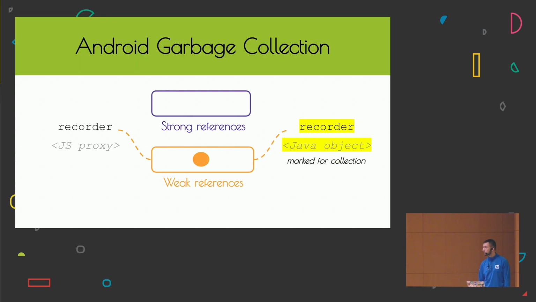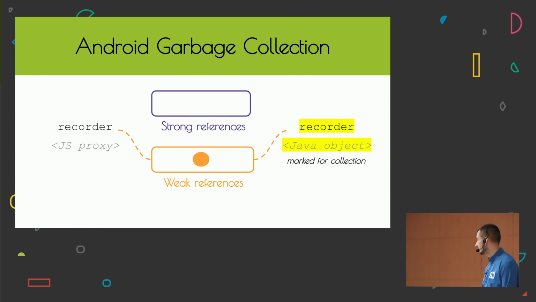And when the Android garbage collector comes in, it sees that the recorder object no longer has a strong reference. It sees a weak reference. And the difference between strong and weak references is that when the Android garbage collector sees a weak reference, it could safely remove it. But if it sees a strong reference, it could not delete the object safely.